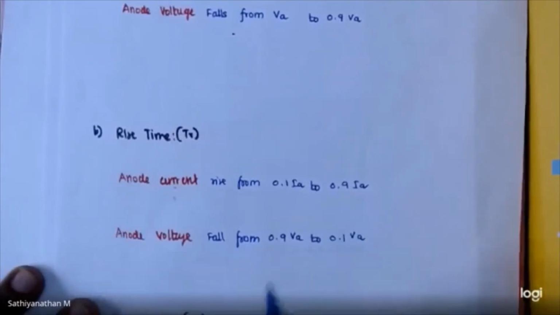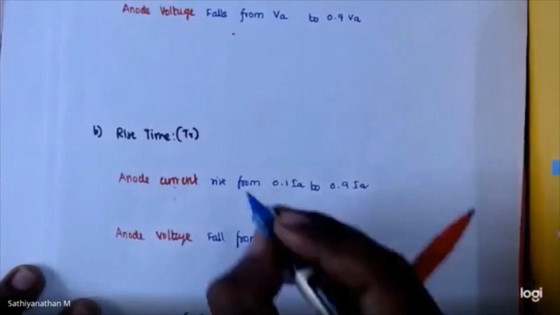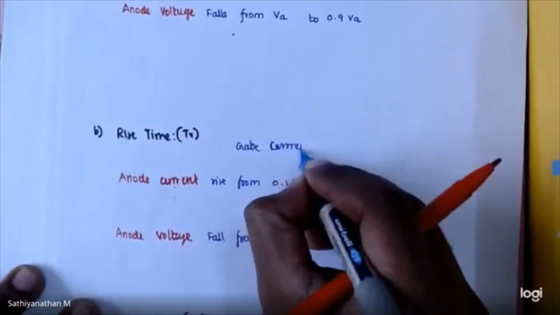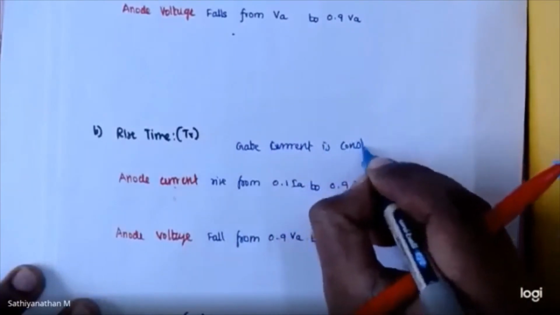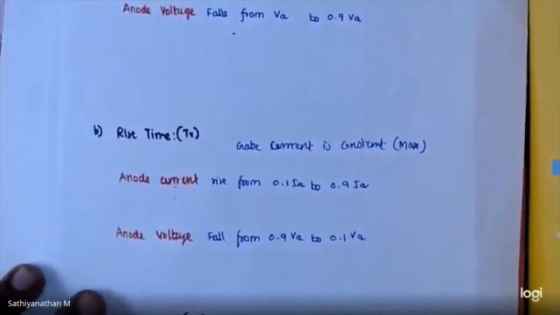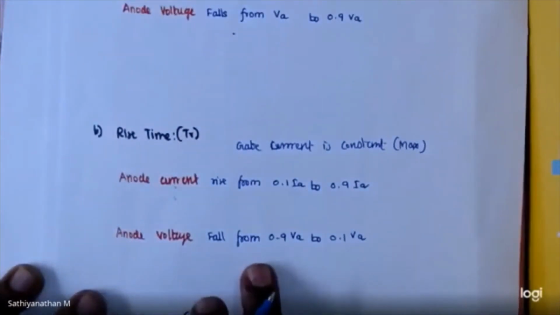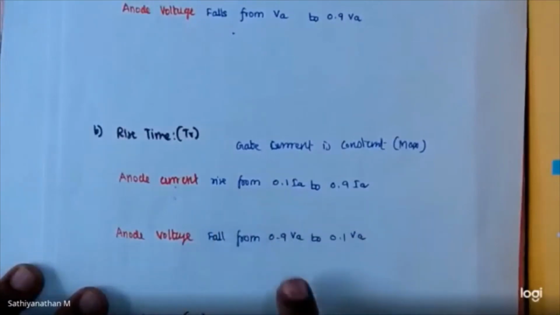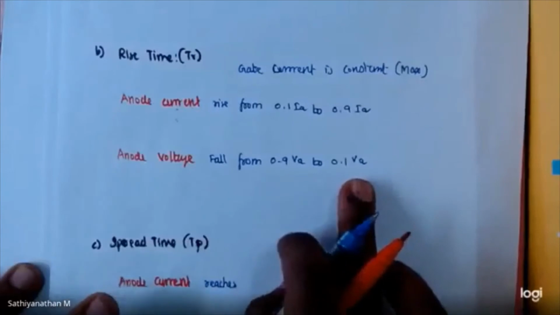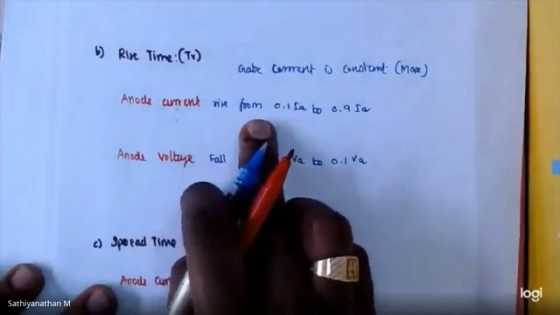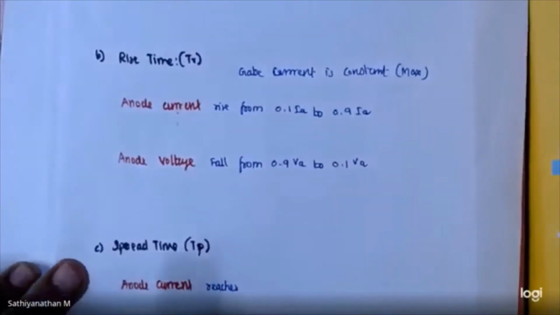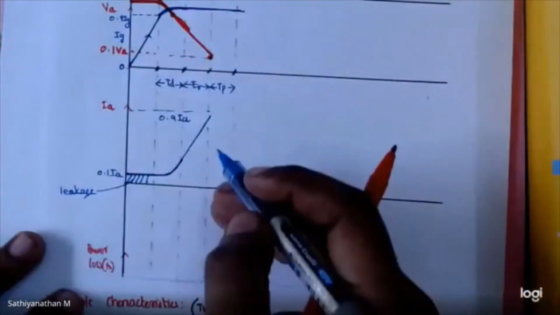VA is nothing but anode voltage, IA is anode current. Here your gate current is constant and which is maximum. So the time taken by a SCR for the anode voltage to fall from 0.9 VA to 0.1 VA, and the anode current to rise from 0.1 IA to 0.9 IA is called rise time of a device.